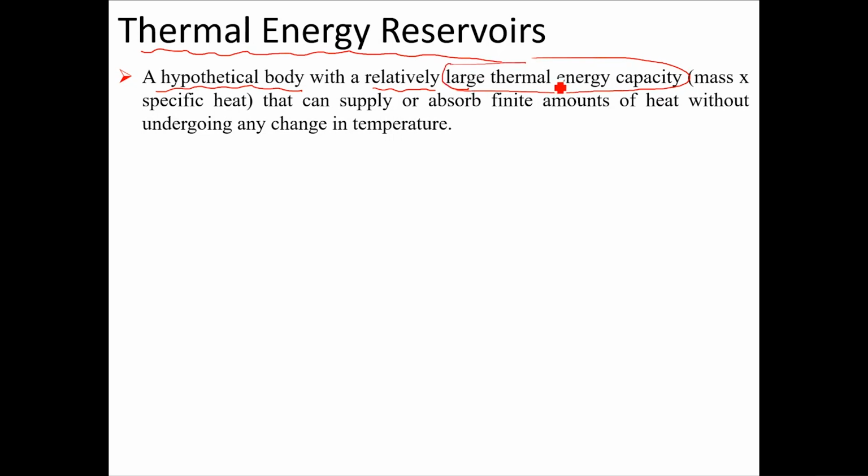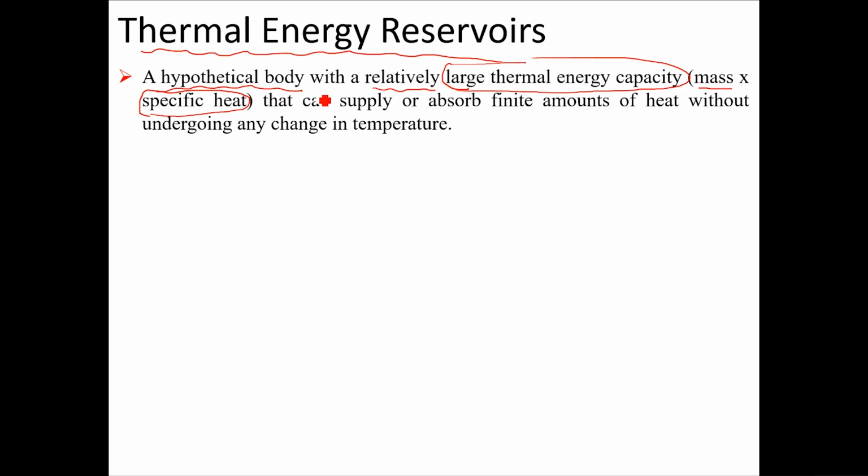It doesn't say it should have a large mass or a large volume. The large thermal energy capacity. That means one is its mass could be very large, a very huge mass, or the specific heat, the amount of energy required to change its temperature, this value could be very high.